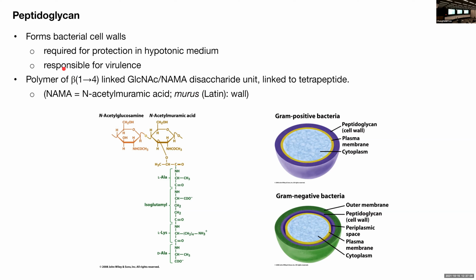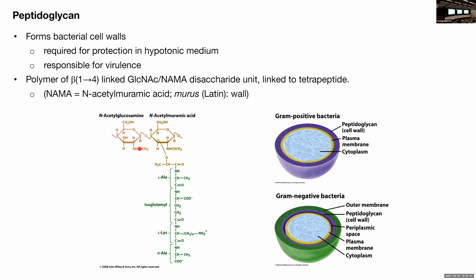And also it is responsible for the virulence of bacteria because it contains lots of other proteins, glycoproteins, and so on. Basically it gives its own property as well as binding regions for the host cells. It has the beta 1 to 4 linkages, and it uses a disaccharide as a single unit, and it has a GlcNAc that we talked about.